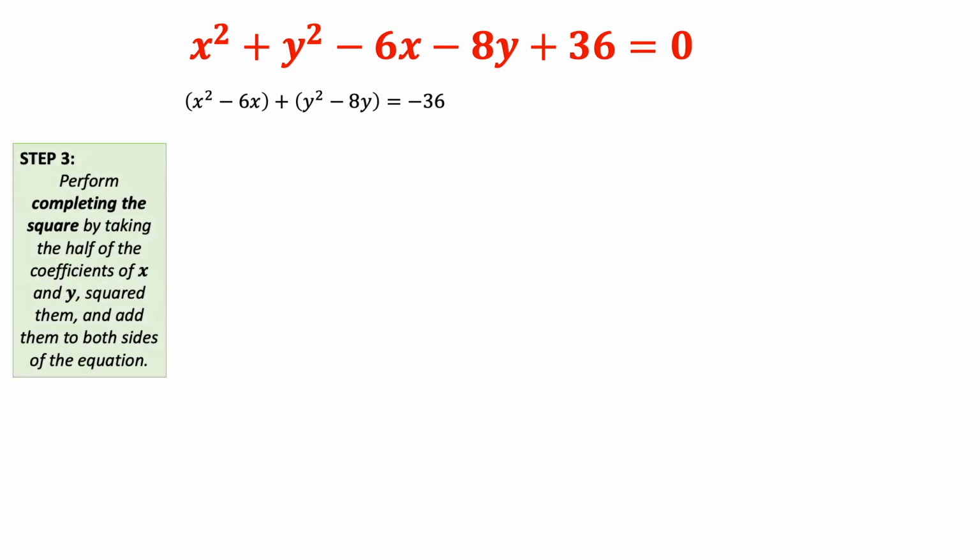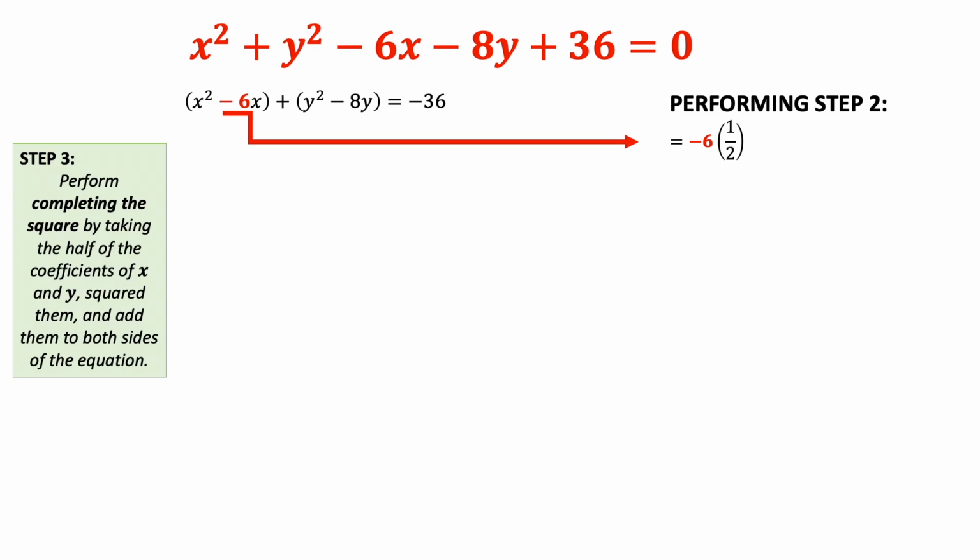Let's start first with the coefficient of x. Multiplying -6 by 1/2 will give us -3. And squaring -3 will give us 9.